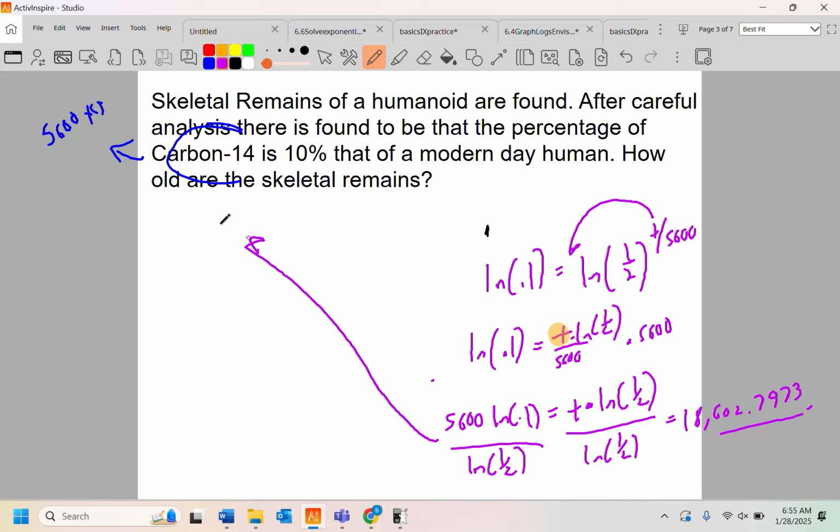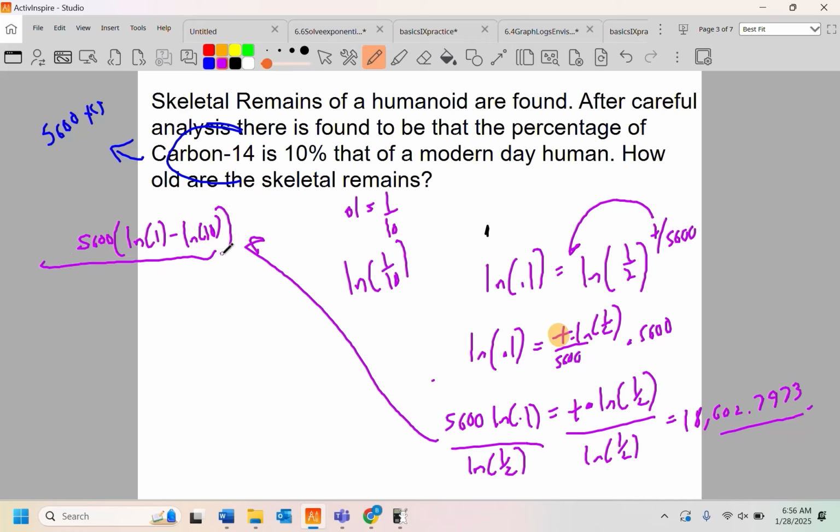So let's rewrite this. Now, 0.1 is 1 over 10. So you talk about the natural log of 1/10. You'll have 5600. You can break apart division with subtraction. Log of 1 minus log, sorry, not ln. I guess if we log both sides, this is what it would look like. ln of 1 minus ln of 10. Notice the set of parentheses containing that with the 5600. And the bottom would be broken apart as ln of 1 minus ln of 2.